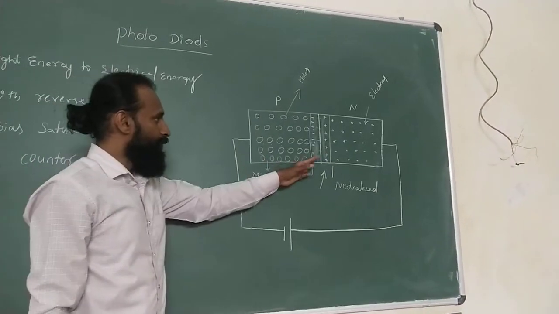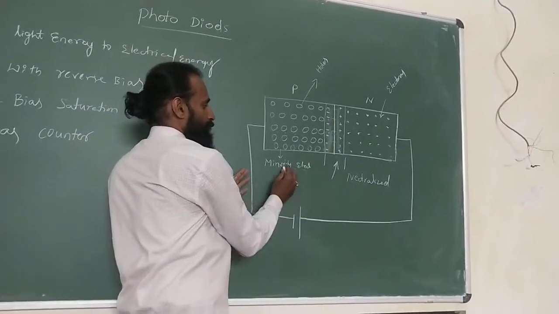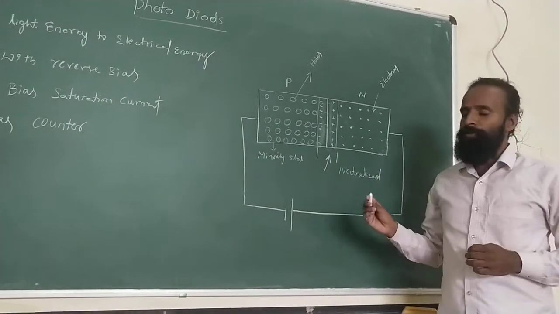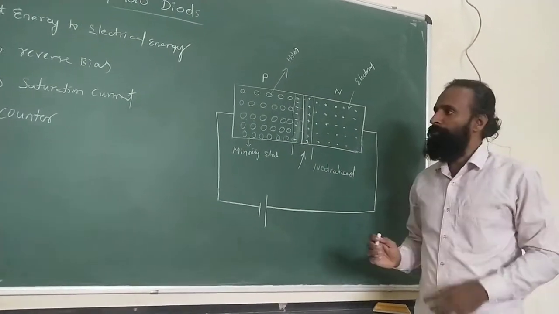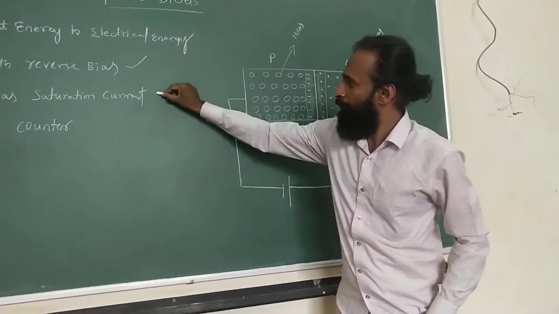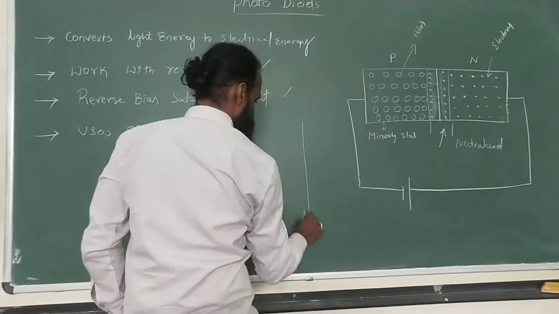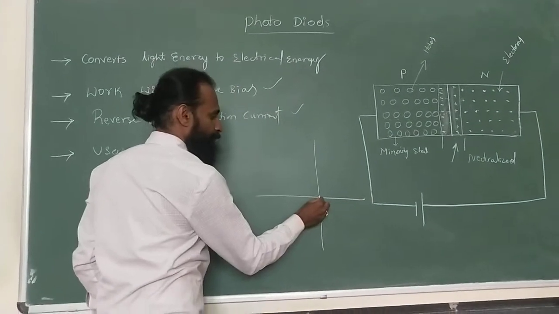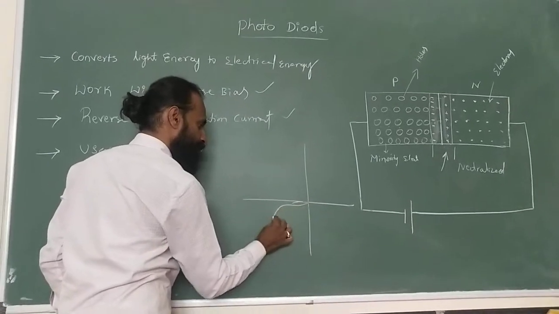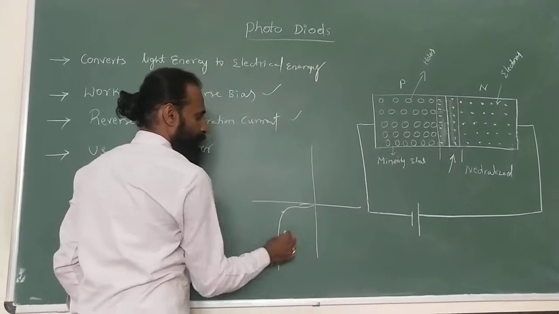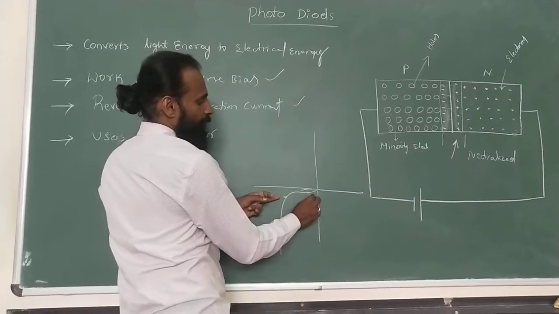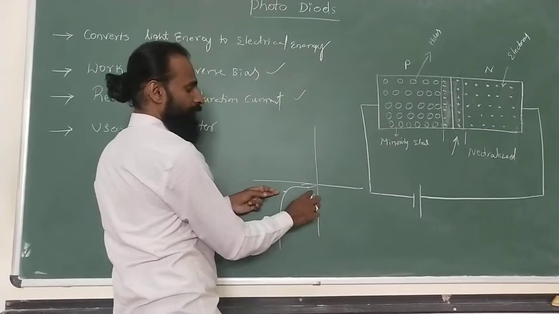Due to this increase and the movement of these minority carriers, the reverse current will flow. For a normal diode, if you take the VI characteristics, in the reverse characteristic this is the breakdown voltage and this is the reverse saturation current.